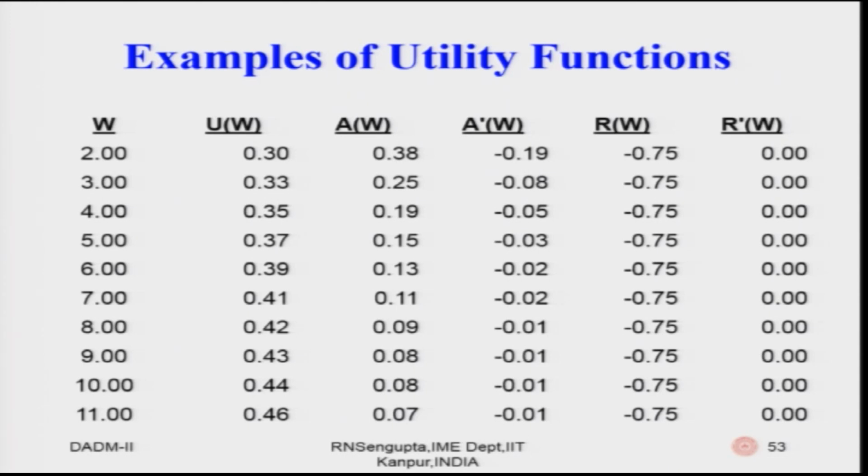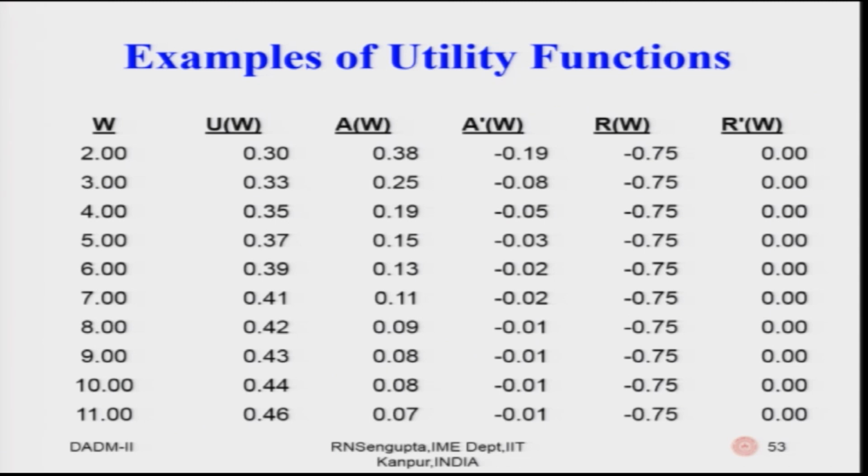In the third and fourth columns, you find the differences of u, that means the corresponding differences of the values in the cells of the second column, and the corresponding differences for the first column, which is w2 minus w1, w3 minus w2, and so on.